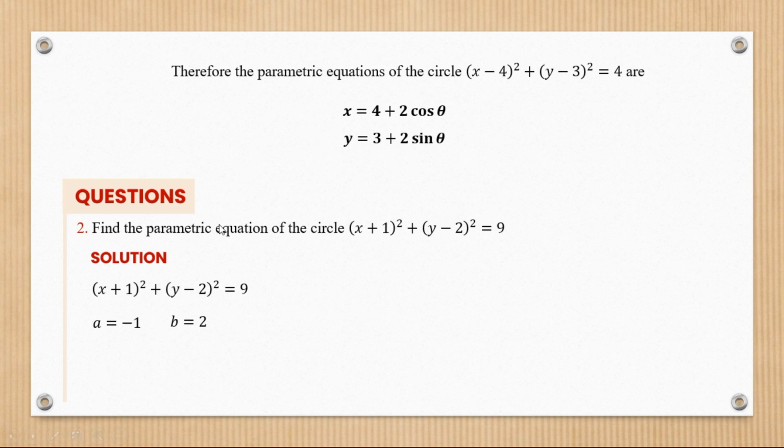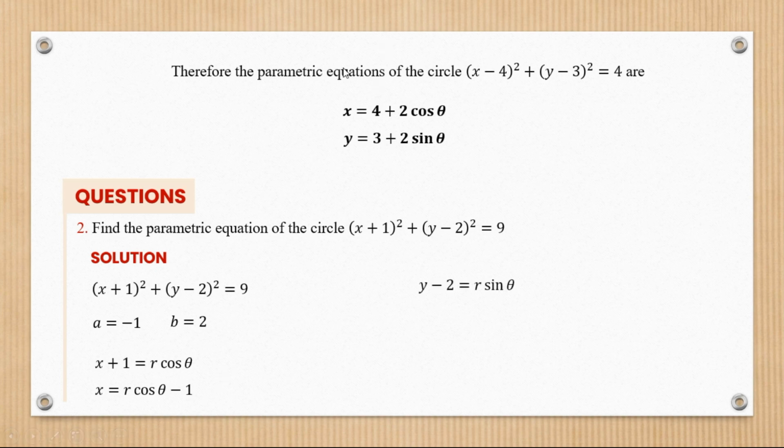And then we can also see that b shall be equal to 2. Here it's y minus b, so b is 2. Now it means that x plus 1 shall be equal to r cos theta, so x shall be equal to r cos theta minus 1.